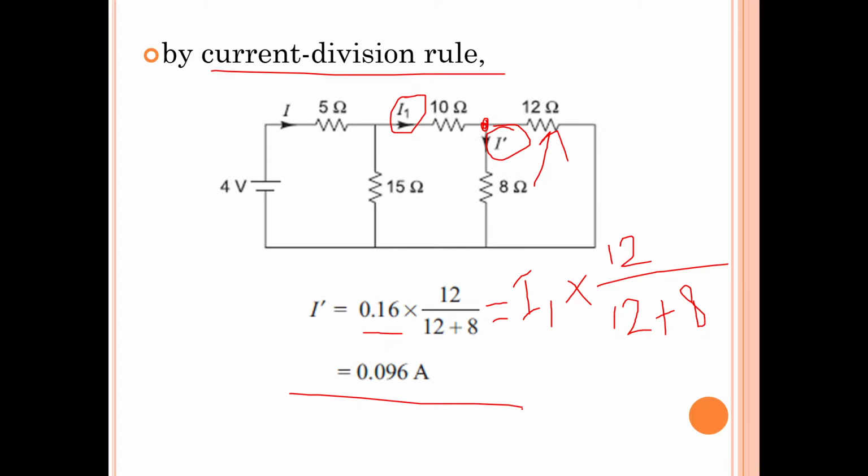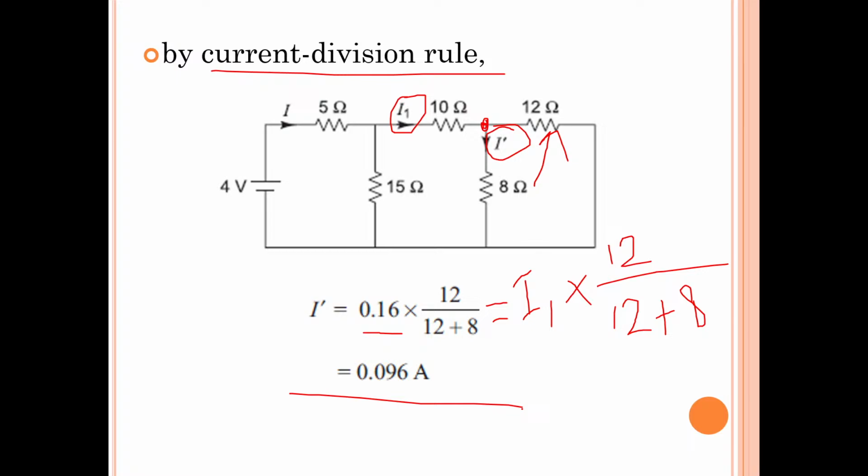In this numerical problem, they didn't ask us to verify the superposition theorem. They have simply asked us to determine the current flowing through the 8 ohms resistor by the superposition theorem. Whatever currents we have got, I dash we have got is 0.096 amperes. Of course, one more step, step 2, is left over.